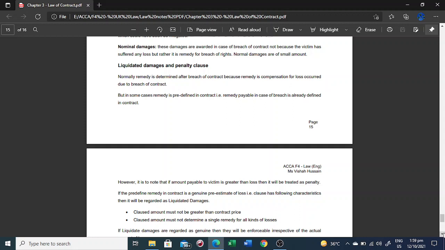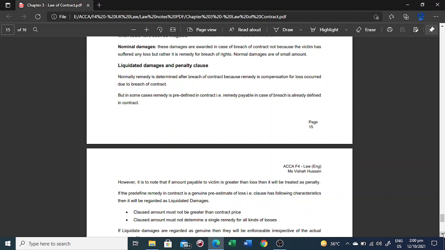Liquidated damages and penalty clause. Generally, remedy is computed after the breach of contract, because remedy is compensation for the loss. So definitely, if it's a greater breach of contract, then more remedies will be paid.